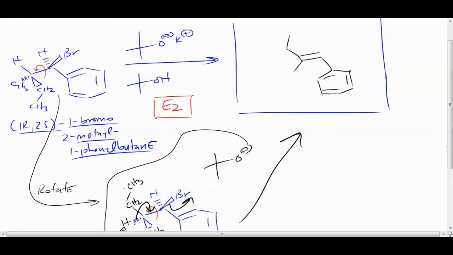Or wait, no. So this would not be here. But what goes here and here? Nothing. Like that? Right, perfect. Oh wait, but then I need the double bond on the phenyl, right?